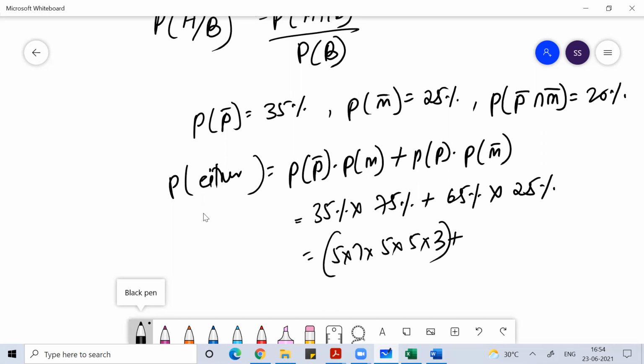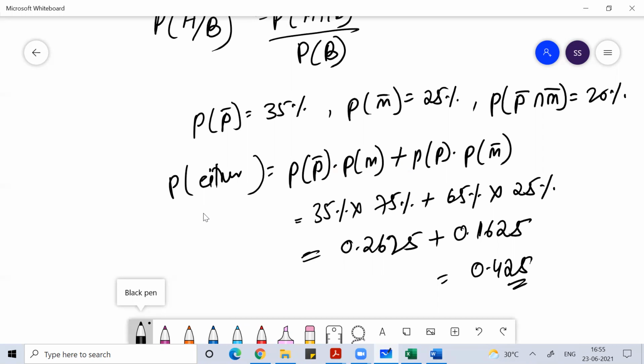So 35 into 75 is 0.2625, plus 65 into 25 is 0.1625. 2625 plus 1625 is 0.425.